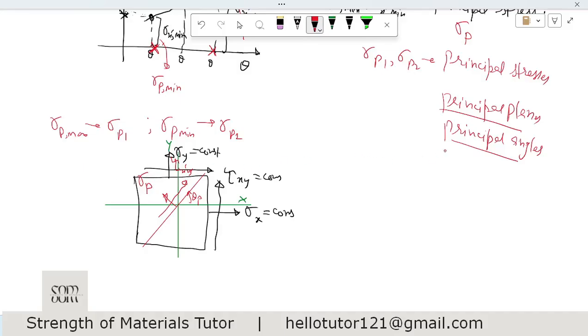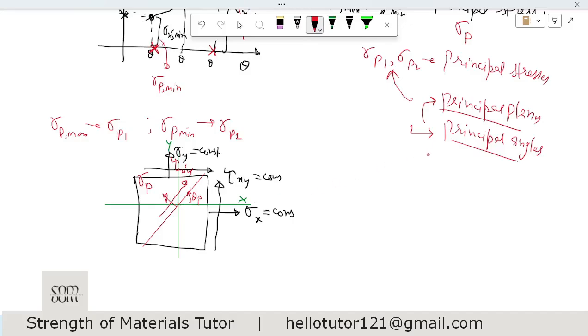Now let us find the value of the principal angle. When we know the exact value of the principal angle, we will know exactly where this plane exists, and then we will also find the value of sigma p, sigma p1 and sigma p2. Right now you can only see sigma p, only one maximum stress, but I will show in a moment.